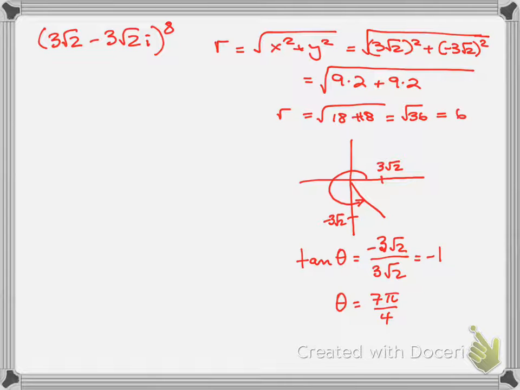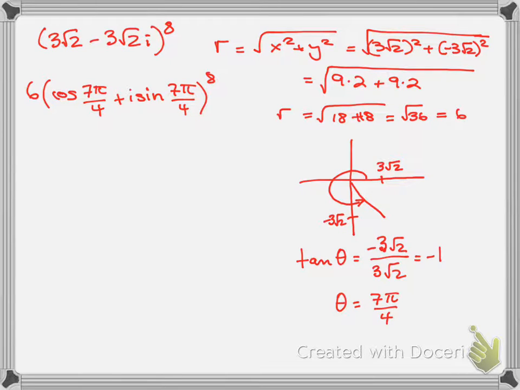So now we can use De Moivre's theorem and write this complex number in trigonometric form. So that would be 6 times the cosine of 7 pi over 4 plus i sine 7 pi over 4, all raised to the 8th power.